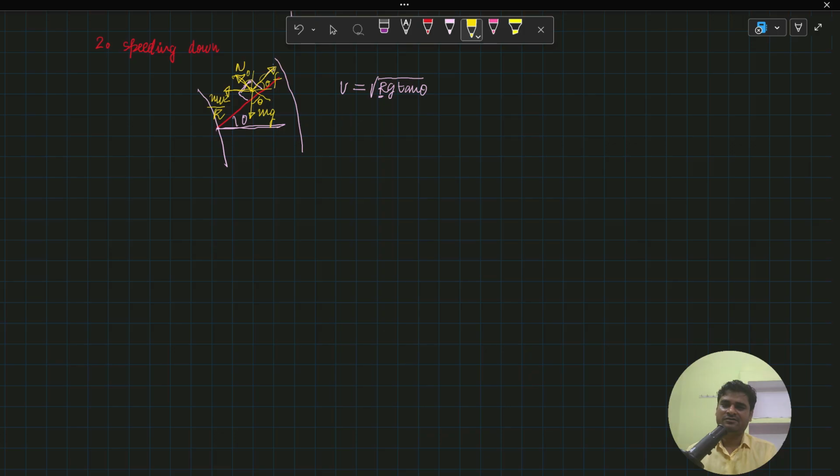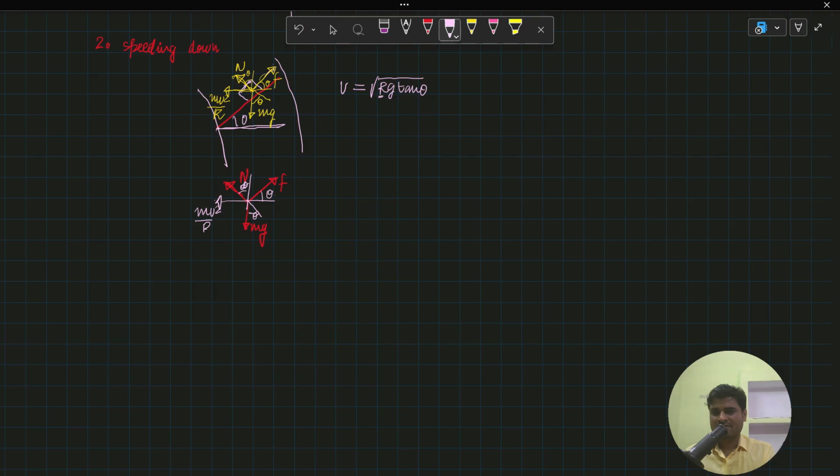So the free body diagram of this car is that the friction force is acting up the inclined plane, the normal force is perpendicular to this incline, and weight mg is acting downward. We can break all these forces onto these two lines. This angle is θ, this is θ, this is θ. So we have resolved these forces.